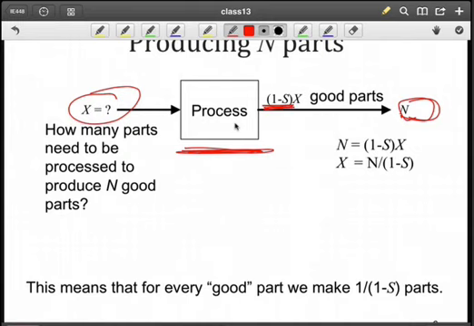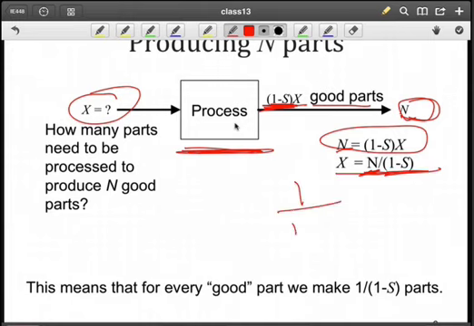Based upon the scrap rate, we're not going to consider rework at this point, we're going to end up with (1 minus S) times X in terms of good parts. So now we can equate N equals (1 minus S) times X and then solve for X. Here you can see that we will divide the number of parts that we need by 1 minus S. What is the meaning of 1 over 1 minus S?